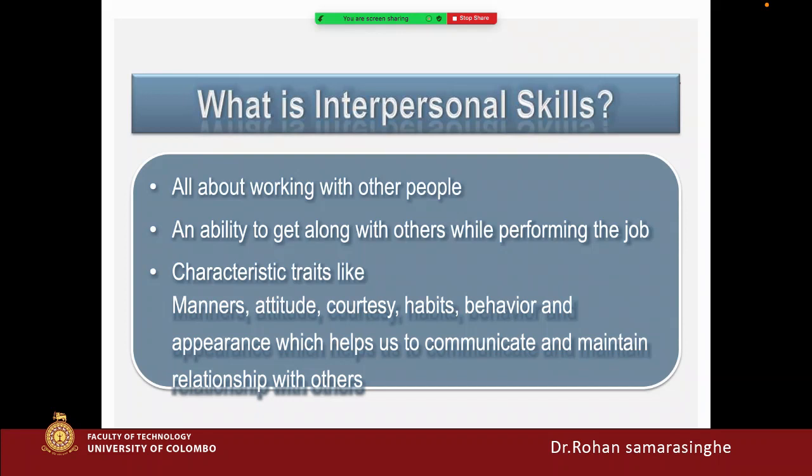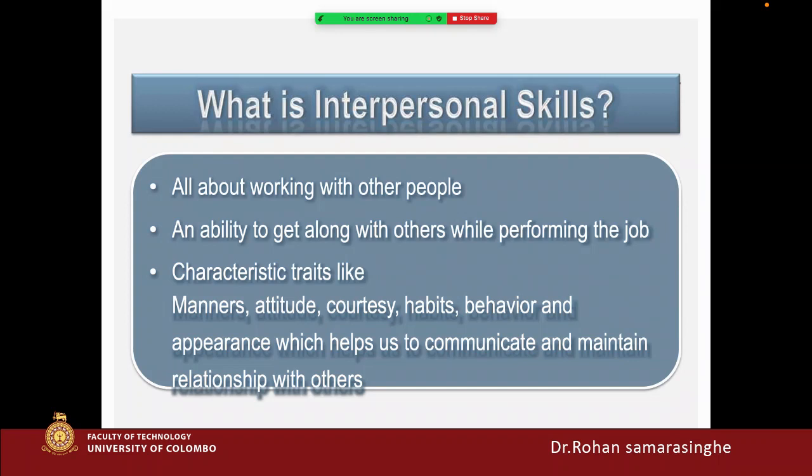And appearance also, normally appearance is very, very important. Consider that someone comes to your group having a long beard, long hair, and wearing extreme casual wear. What would happen if someone comes to the lectures wearing shorts? So appearance is very, very important.